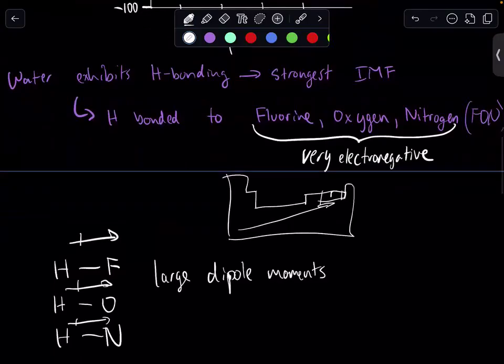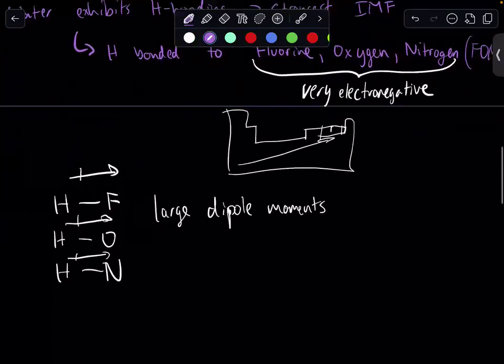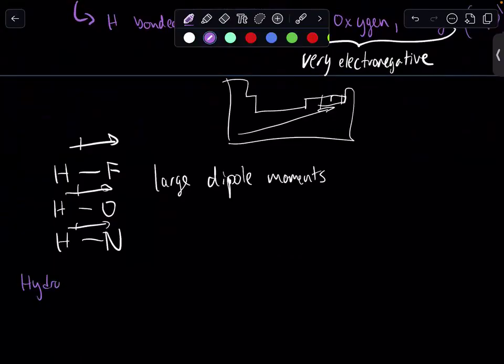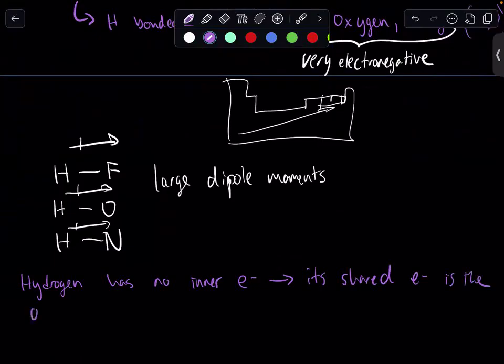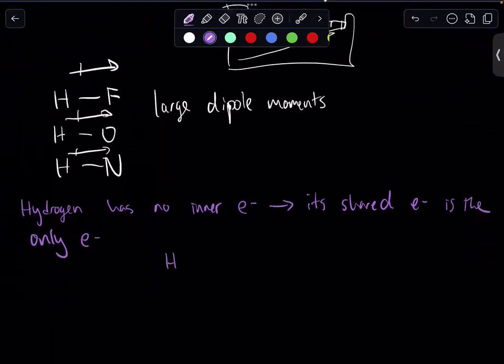Specifically, one of the other aspects of why this is so strong is that hydrogen has no inner electrons. That means its shared electron is the only electron. And when it makes a bond with, like, hydrogen and fluorine, those electrons are so close, and hydrogen itself is purely just one proton.